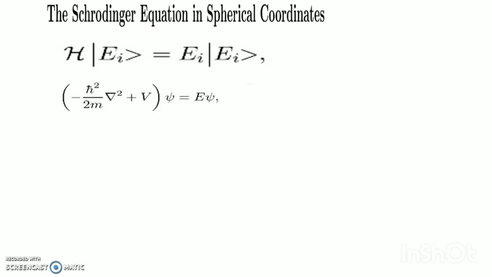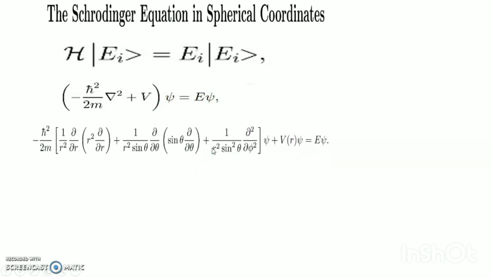We developed a one-dimensional position space representation of the time-independent Schrodinger equation, changing the notation such that E_i tends to E and |E_i⟩ tends to ψ. So we get [-ħ²/2m ∇² + V]ψ = Eψ, where ∇² is the Laplacian operator.